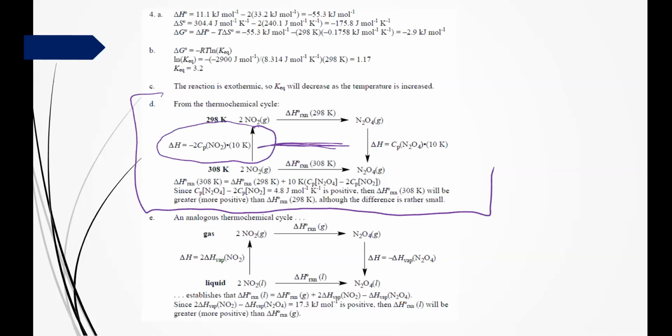So if we compared those two, the change in the amount of energy needed to heat our reactants versus our products, if we spend more energy heating our products than our reactants, then we know that delta H should be greater at 308 because it requires more energy for us to move those products up, right?